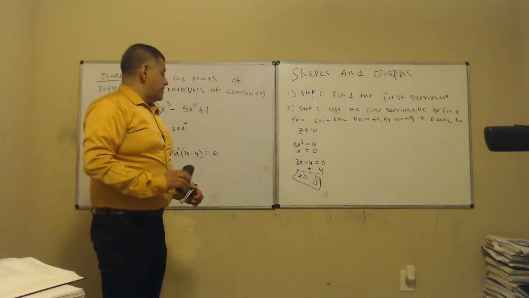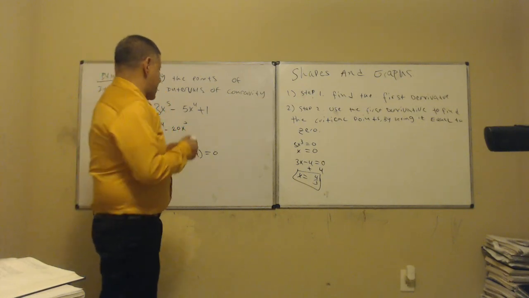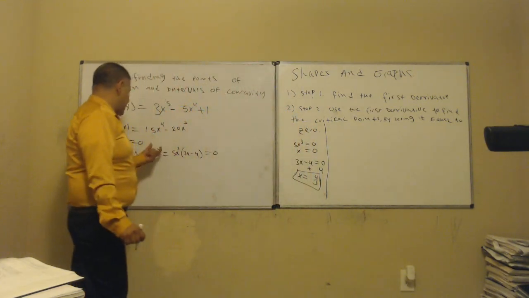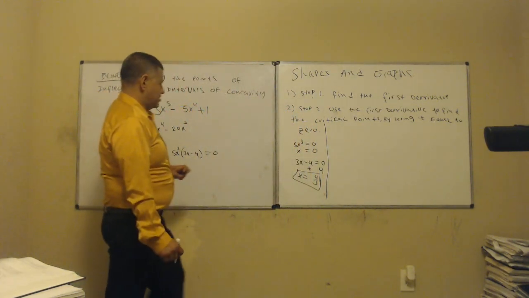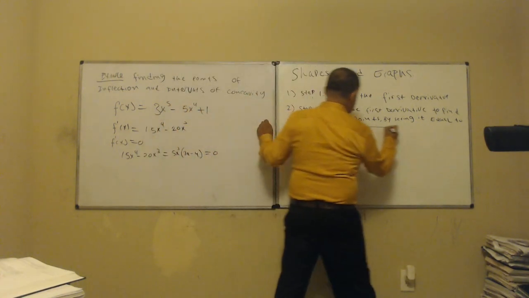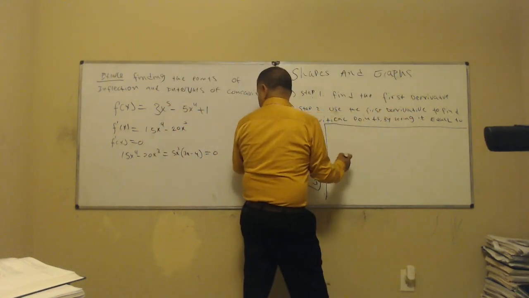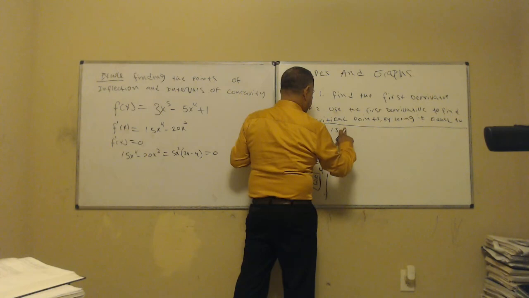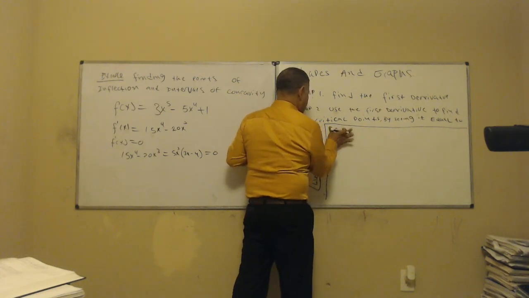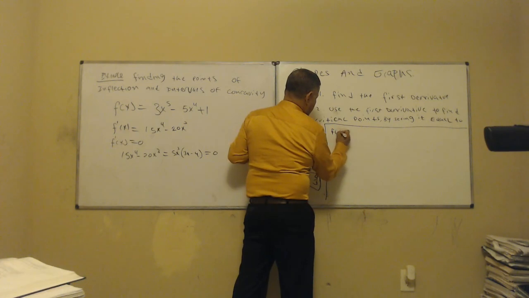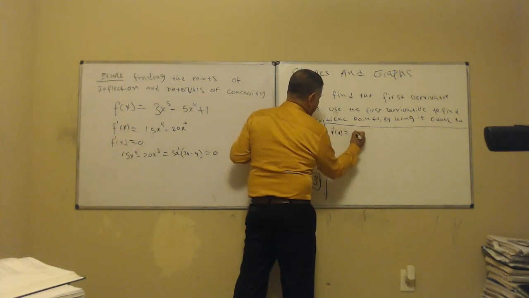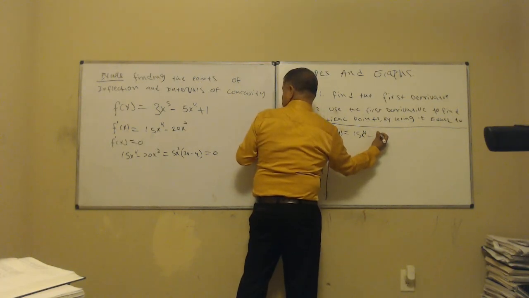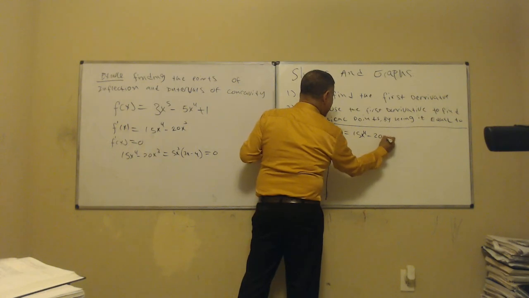So the first derivative, we got f prime of x equal to 15x to the 4th minus 20x cubed.